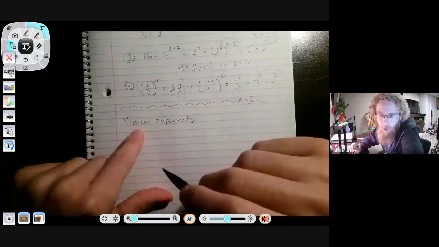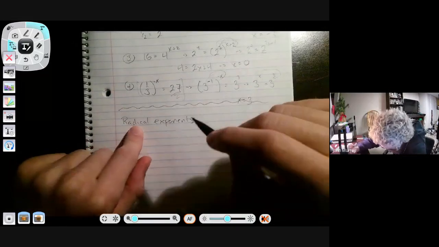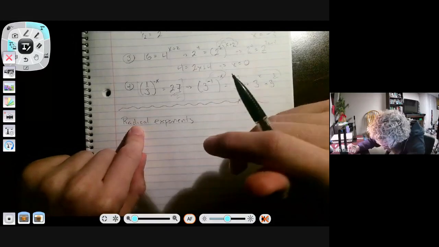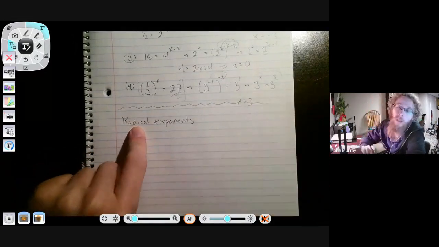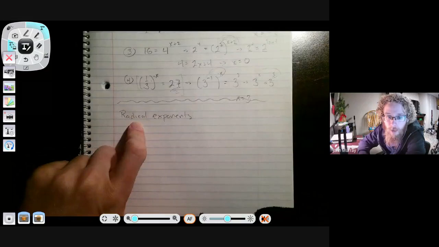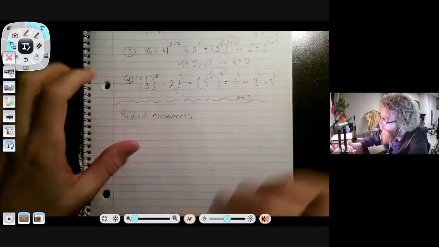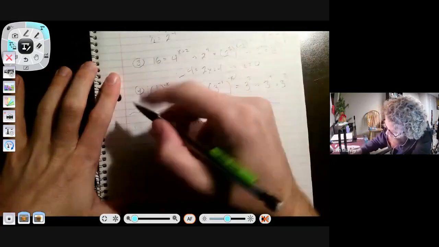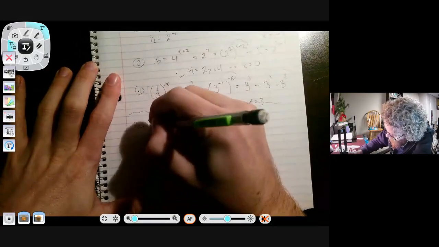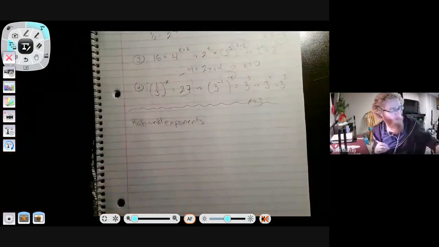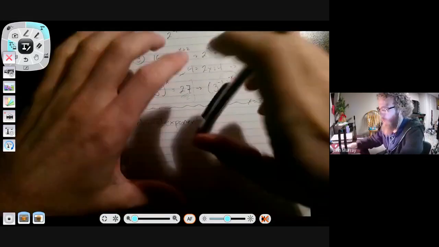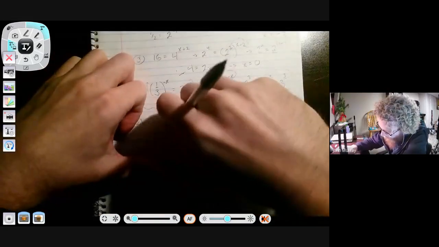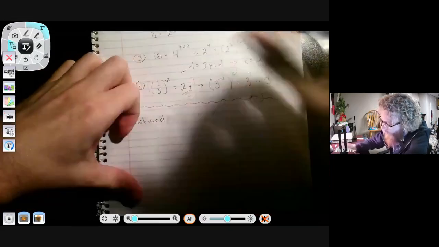So radical exponents, we just dealt with radical functions. A radical is anytime we have a fraction. I'm sorry, not radical, rational. So our rational exponents, like our rational functions, mean we have a fraction.